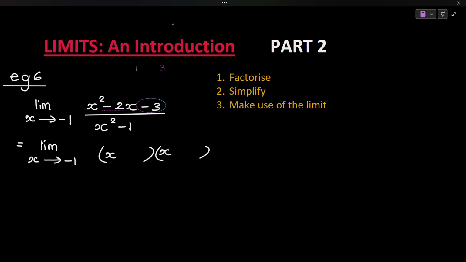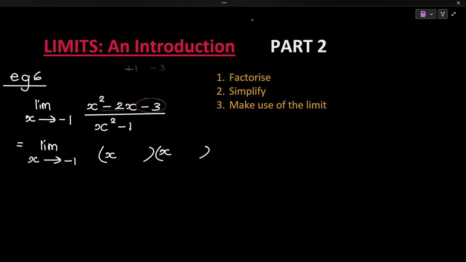However, we need to multiply and get negative 3. So let's first consider positive 1 and negative 3. Positive 1 times negative 3 is negative 3. However, when we add those two together, we have to ensure that we get the middle term. Positive 1 minus 3 gives us negative 2. So this works out.